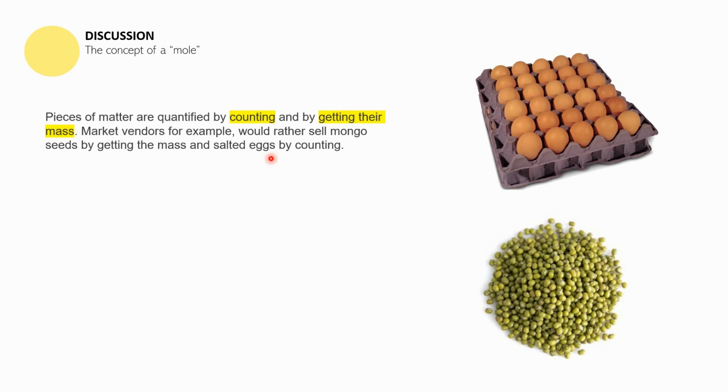But mango seeds, or beans, kidney beans, brown rice, any kind of rice, are usually sold by mass.